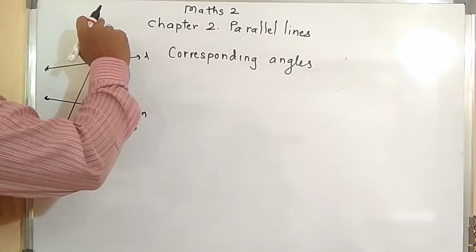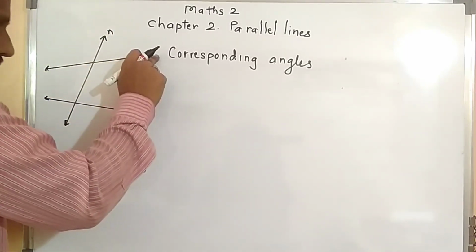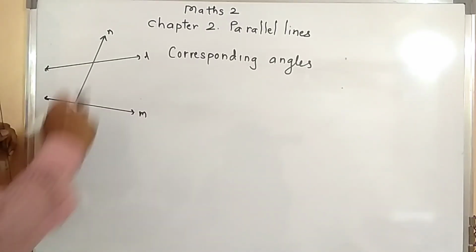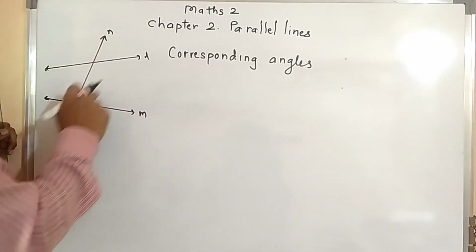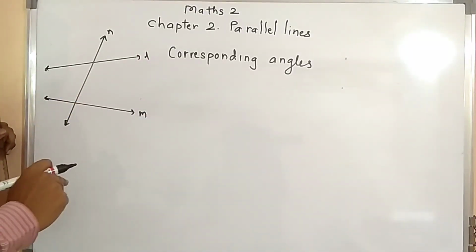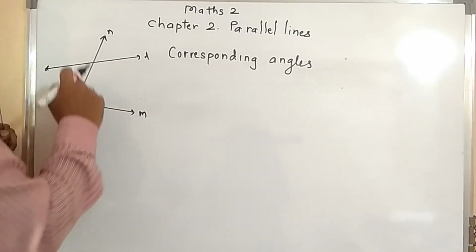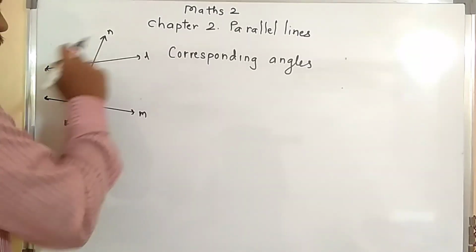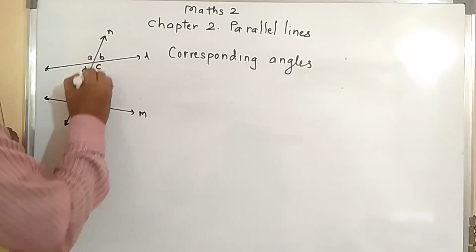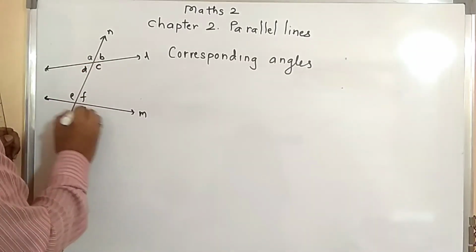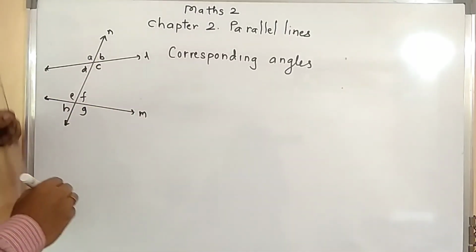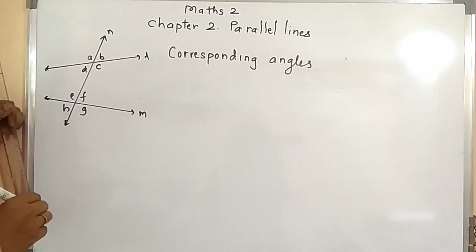This line N intersects line L and line M at distinct points, and therefore line N is called the transversal of line L and line M. Here we get angles. This is A, this one is B, this is C, D, E, F, G and H. These angles are formed by this transversal.